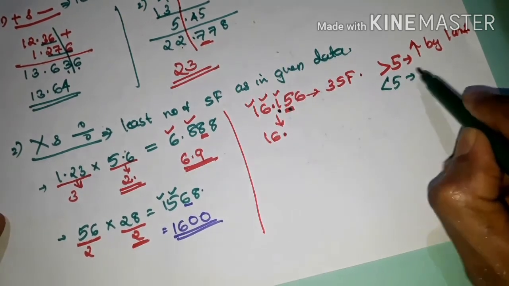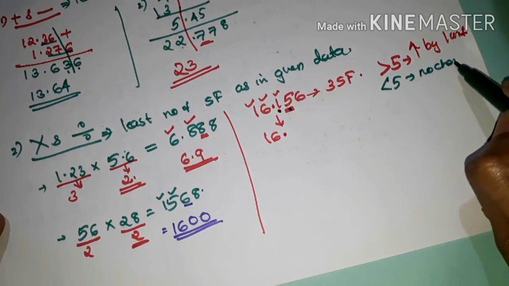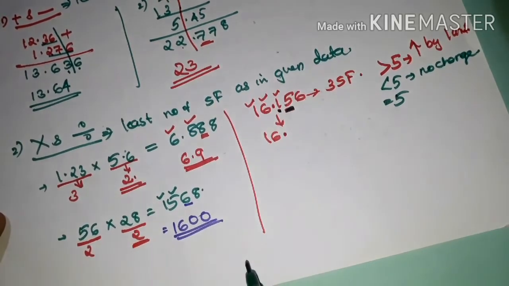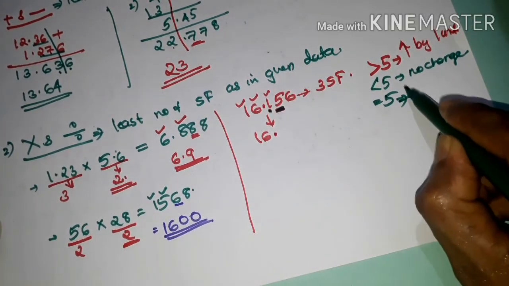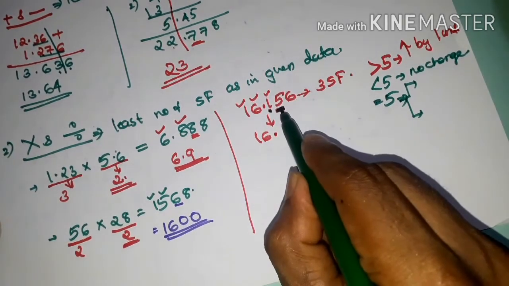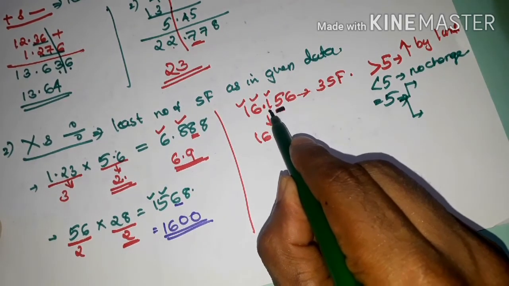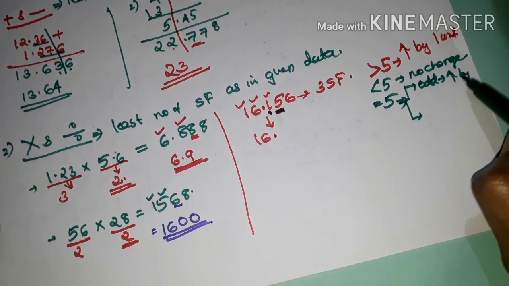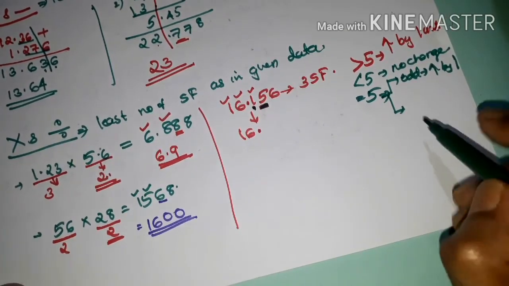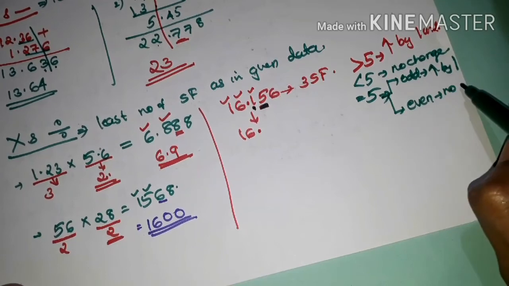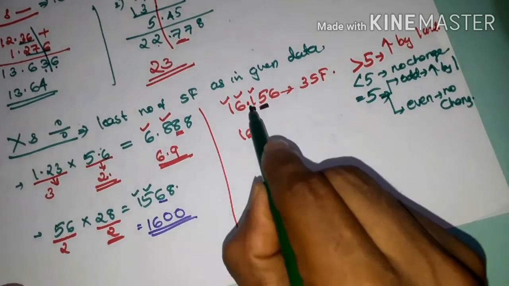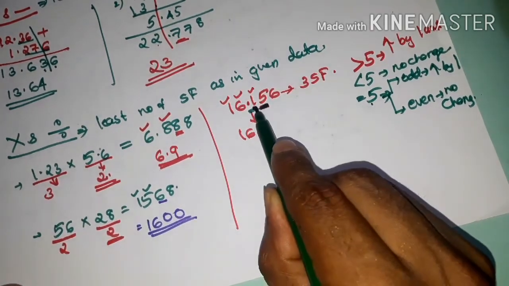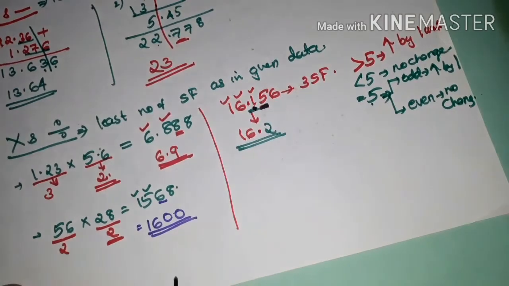If it is below 5, no change for the preceding number. Here 1 is the preceding number, and the next digit is equal to 5. For equal to 5, there are 2 rules. If the preceding number is odd, it is increased by 1 unit. If it is even, no change for that number. Here it is 1, odd, so increased by 1 unit, and the answer is 16.2.